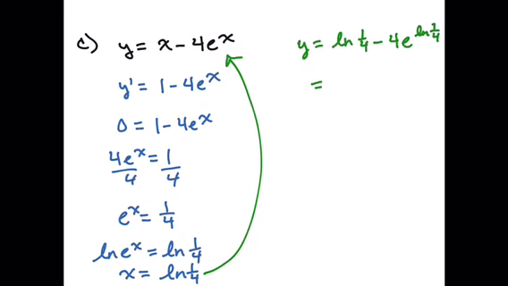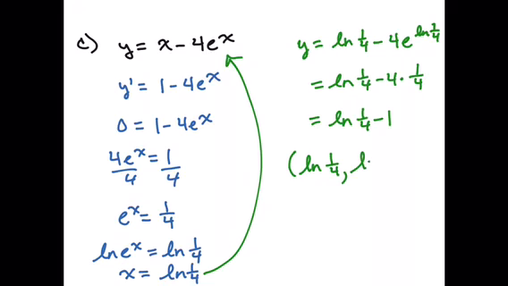And that's going to simplify to negative 4 times 1/4. So our point is natural log of 1/4, natural log of 1/4 minus 1.